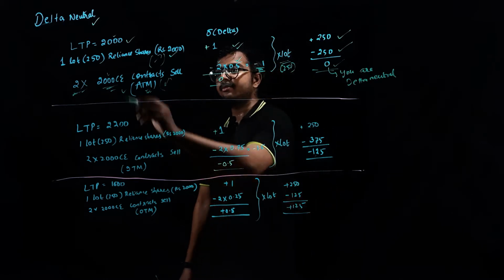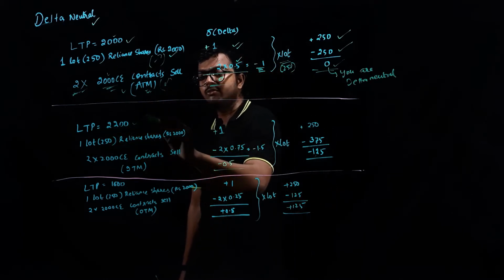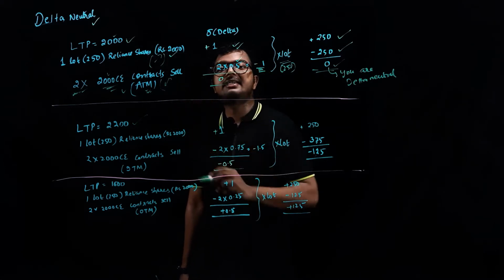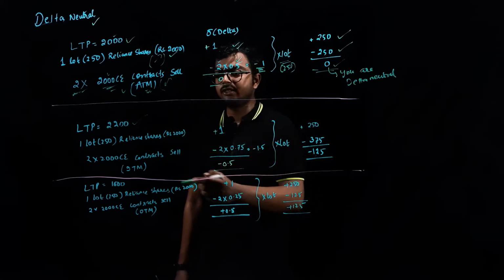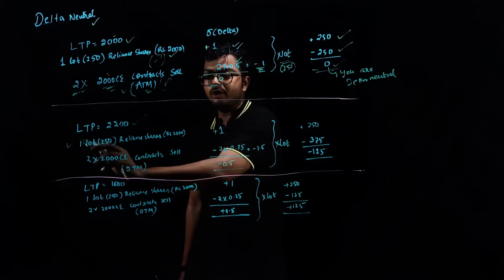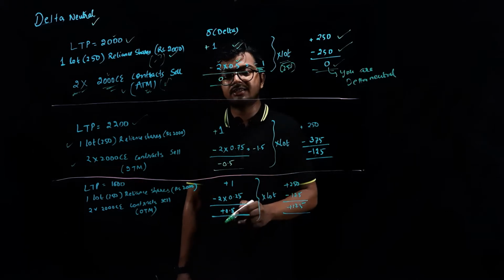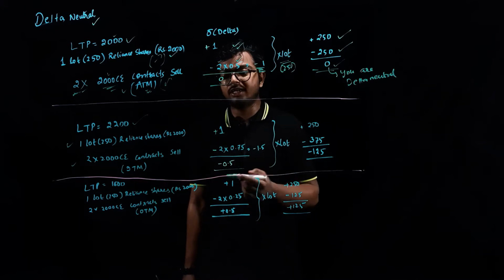Now let's say for example the LTP of Reliance moves to 2200, that means from 2000 it suddenly increases to 2200. Now in this case again you have one lot of Reliance shares that you have bought and you have two contracts that you have sold at 2000 call, right?